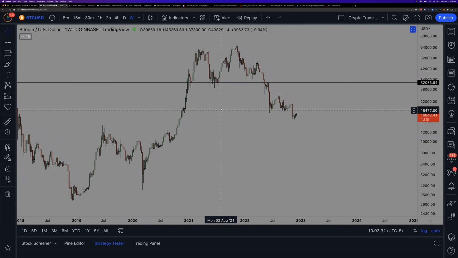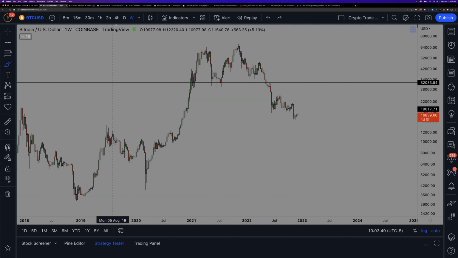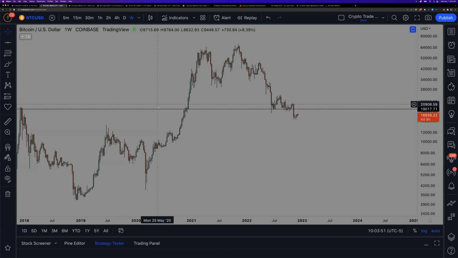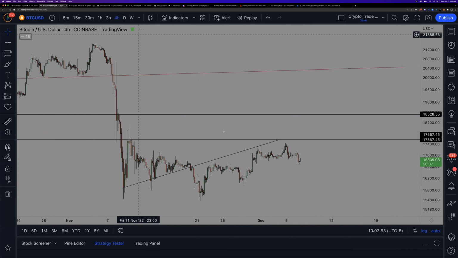But the point that I'm trying to make here is that a structural support level was broken. And until that point, it's hard to talk about new bullish trends until this level right here is strongly reclaimed. Up until that point, it's just a ranging, choppy environment that you need to pay attention to.